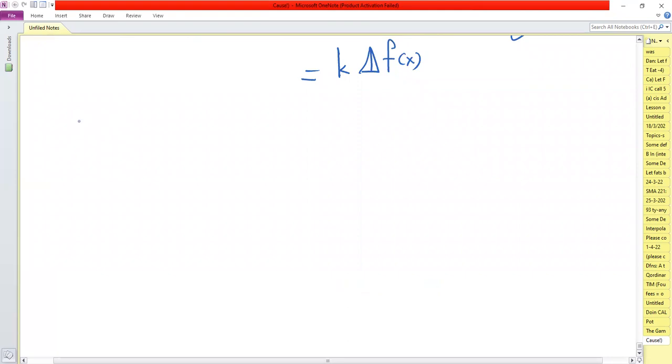And then number 3, if you define the divided difference of a sum or difference of two functions, then you get the same result as the sum or difference of the corresponding separate divided differences.